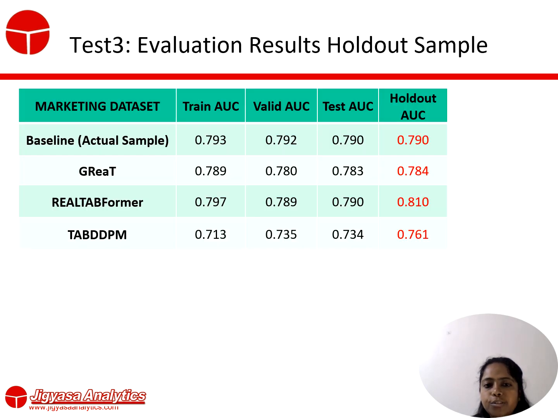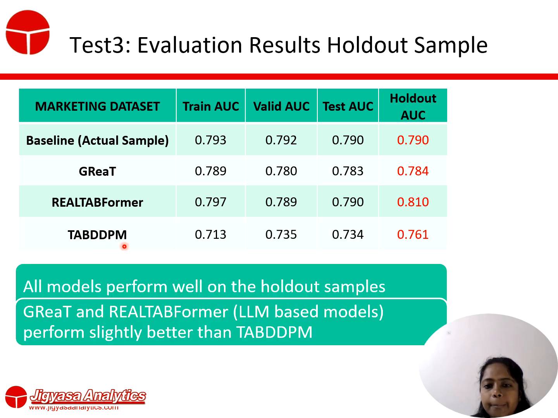Once again, the first row shows the baseline model built using the actual marketing dataset. The second, third, and fourth rows show the results for the models built using GREAT, REaLTabFormer, and TabDDPM synthetic samples respectively. When scored on the holdout sample, the GREAT synthetic model has an AUC of 0.784.